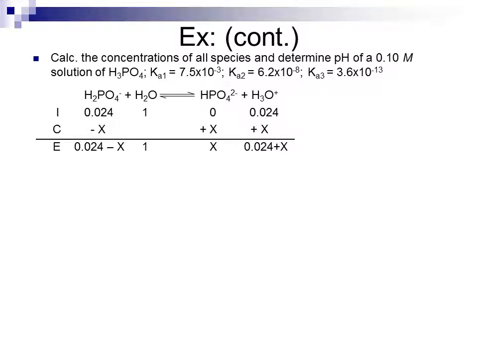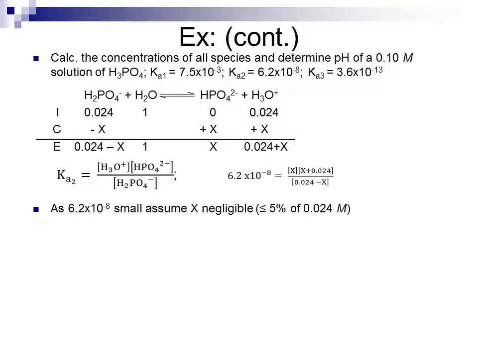This gives us an equilibrium expression which has x times x plus 0.024 divided by 0.024 minus x. This all equals a Ka value now of 6.2 × 10^-8. Now 6.2 × 10^-8 is a small number, so it's likely that our assumption that x is negligible in the addition and subtraction steps will be valid.